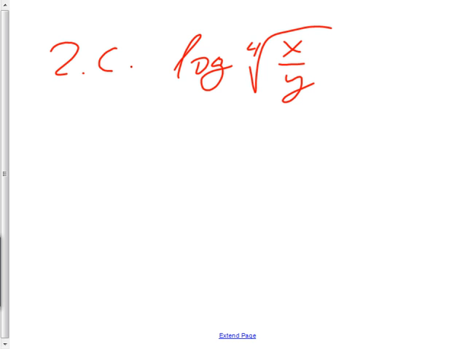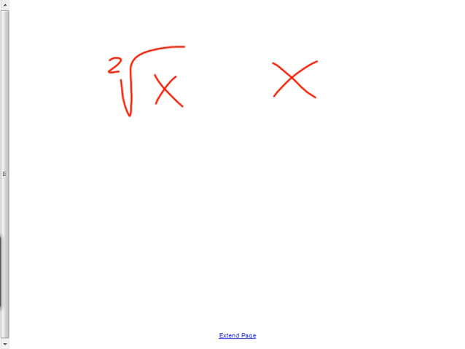How about your ABC? 2C. Oh, I get it. For the 4th root of x over y. All right, that brings up an important point. Everybody stop for a second and just review how you write these things. Remember this? I can rewrite that as x to the what?